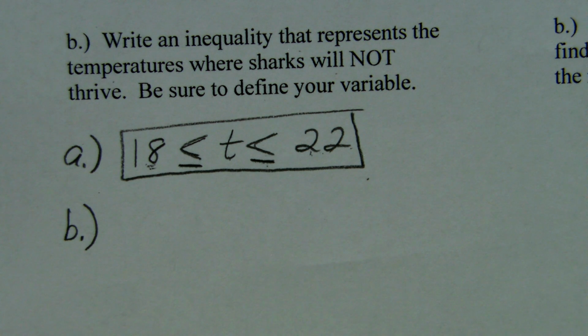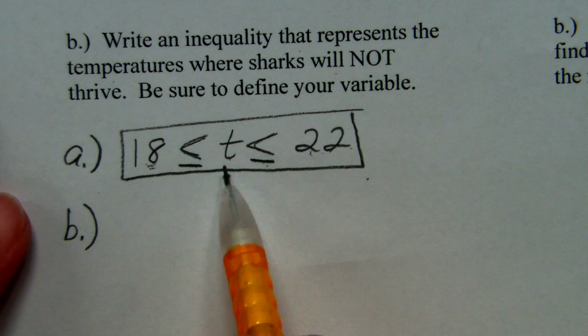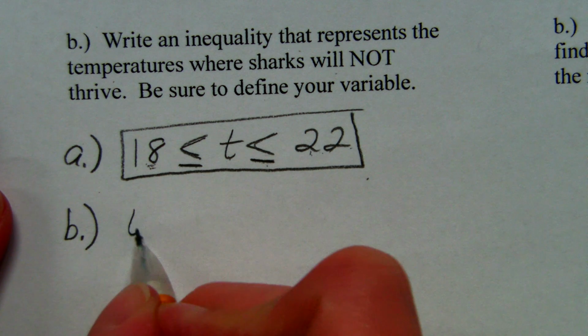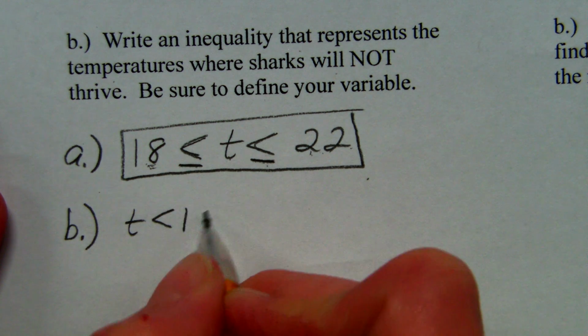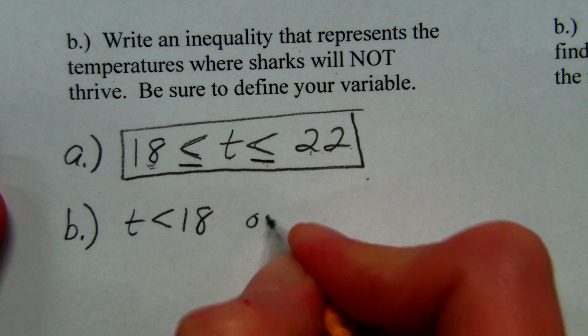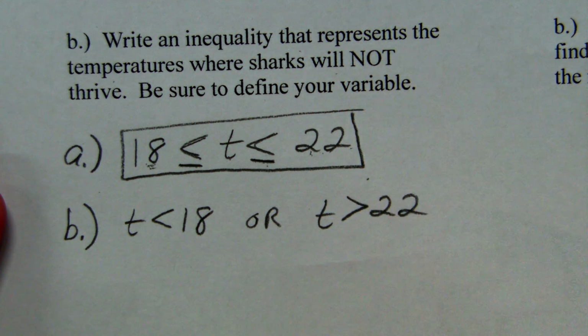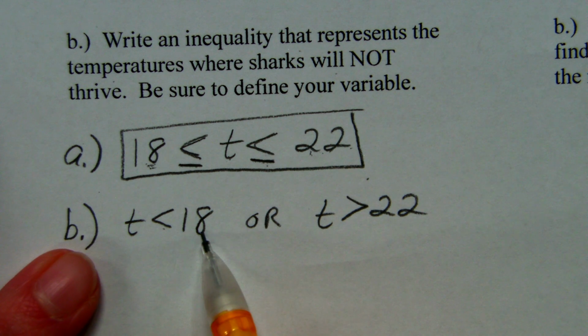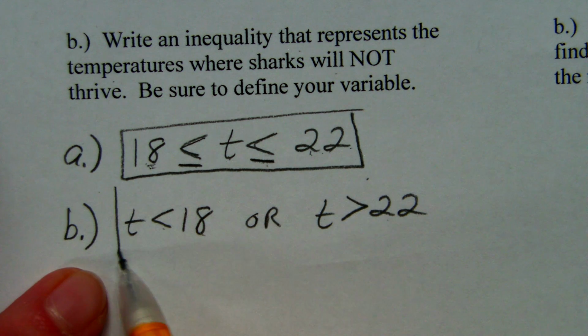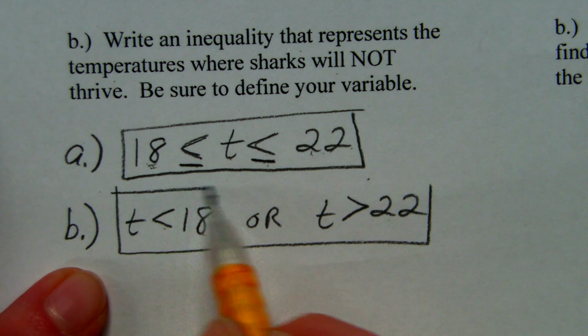Anything outside of that is going to be bad for the sharks. So if I have a temperature that's less than 18, that would be bad. Or if my temperature was greater than 22, that would also be bad. So the temperatures below 18 or above 22, that would be bad. And so there's a compound inequality for this.